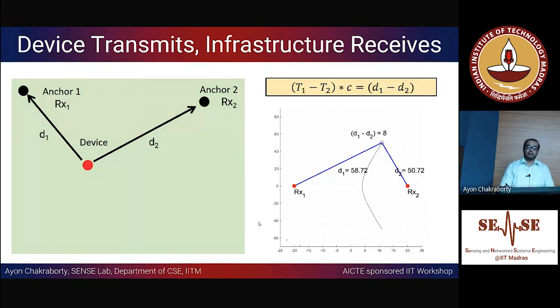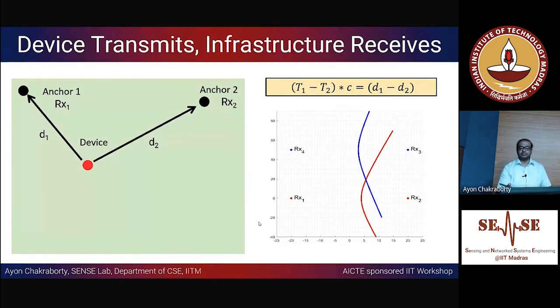So this is going to be the locus, and then you will have multiple such hyperbolas based on the number of different time difference of arrivals you have. The solution is going to be the intersection of these hyperbolas. Earlier we had an intersection of circles, three circles intersecting with each other. Now we are going to have three or four hyperbolas intersecting with each other.